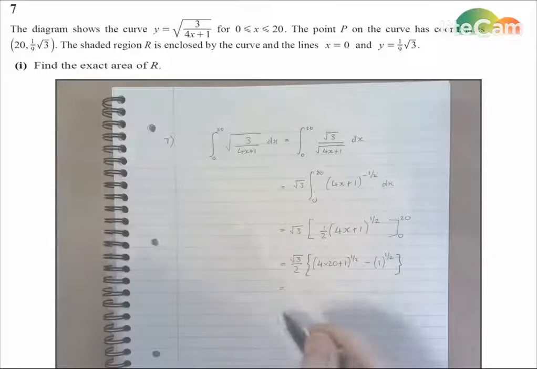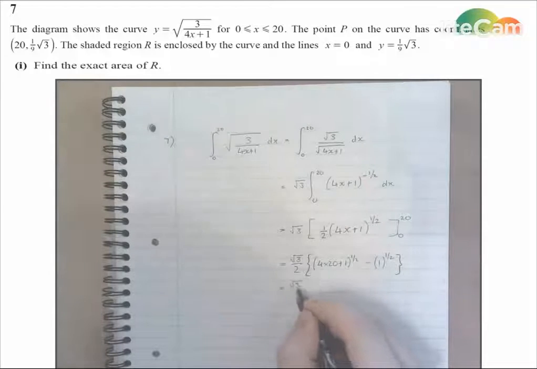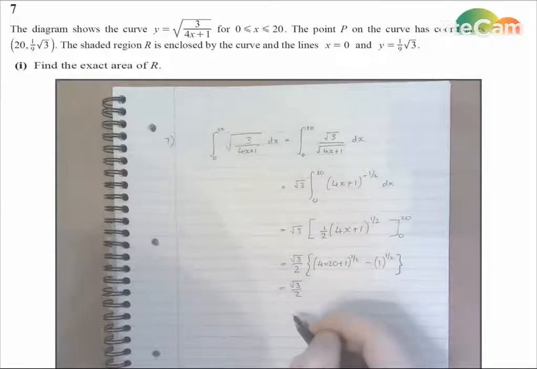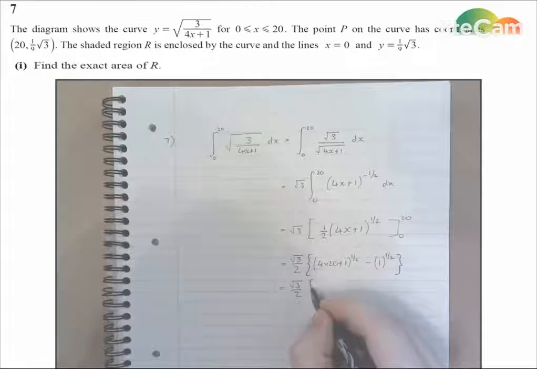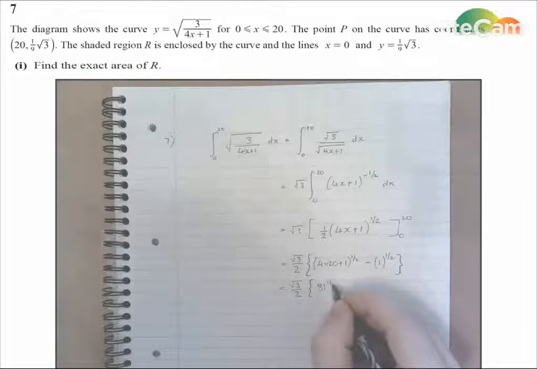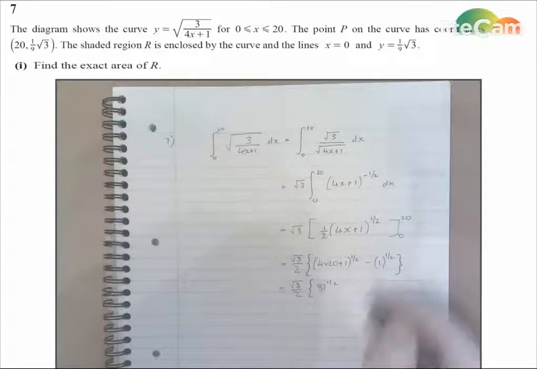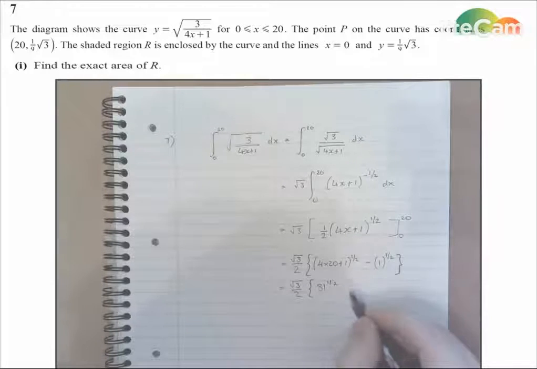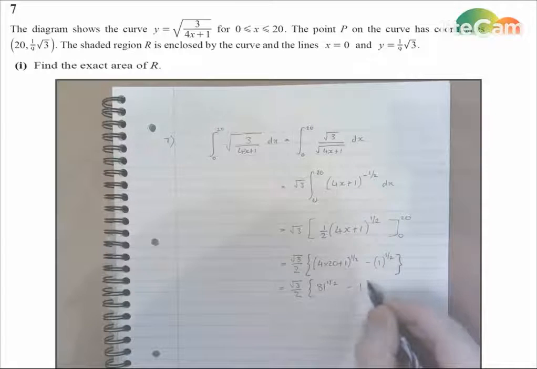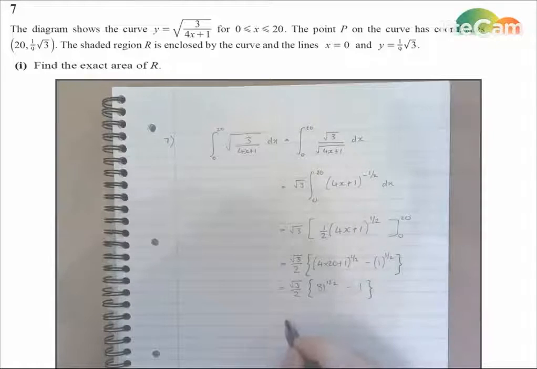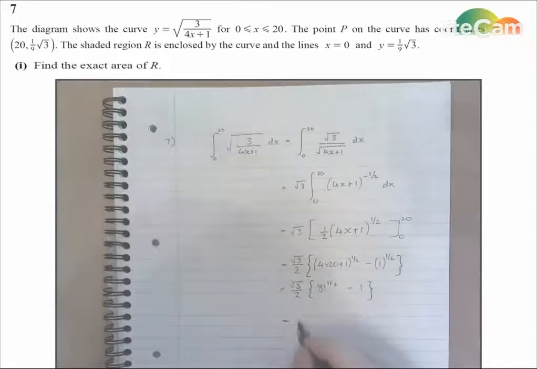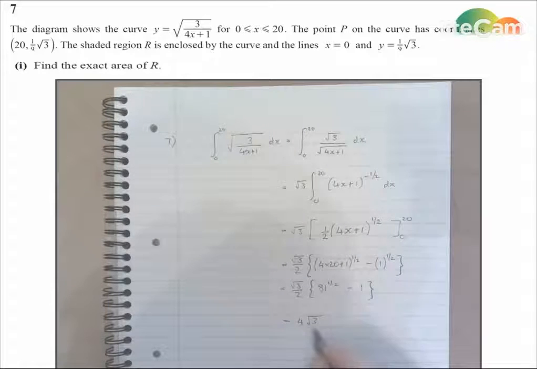I could put all this into my calculator in one go, but I'm going to simplify it a little first, because here we've got 81 to the power of a half, and we know that's going to be 9. 1 to the power of a half is 1, so we take away 1. And if we do that, we get 4 root 3.